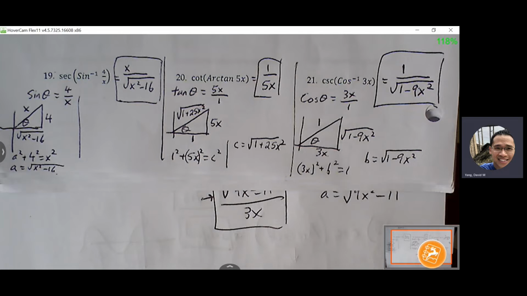Wait, so for number 19, didn't you just reduce it because all of them are different squares? Yeah, but the issue is that this minus throws a wrench into our process. If it was x squared times 16, then yes, we can clean all that up. But that minus forces us to just leave it alone.